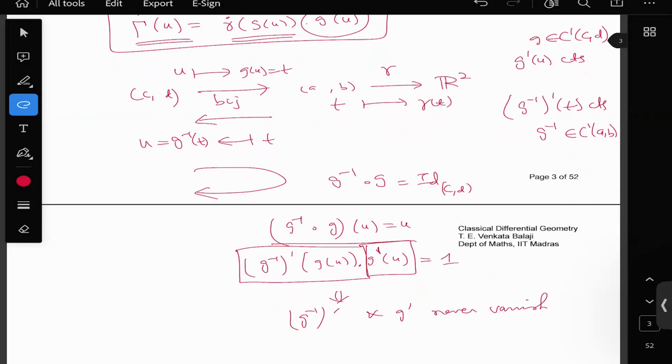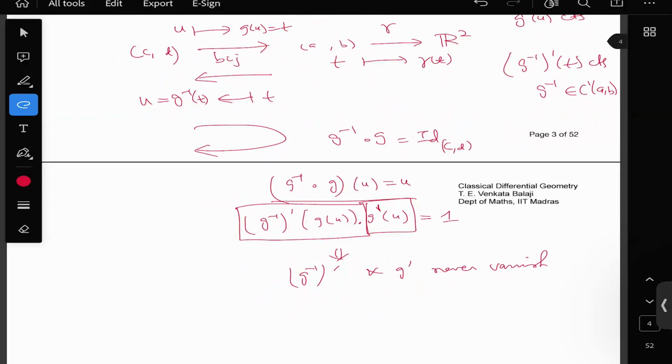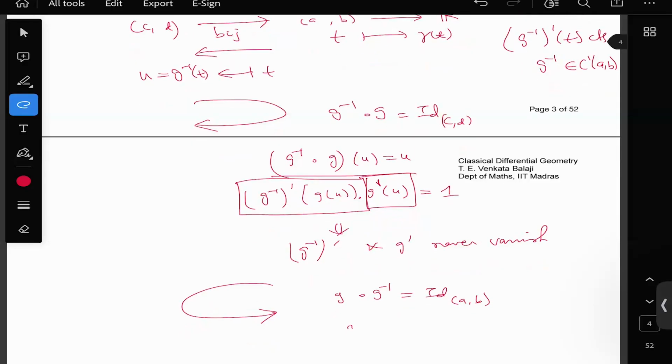And this is if I write the composition this way. You could have also written the composition like this: first you apply g inverse, then you apply g. Then g circle g inverse is the identity now on (a, b). This means g of g inverse of t is equal to t.